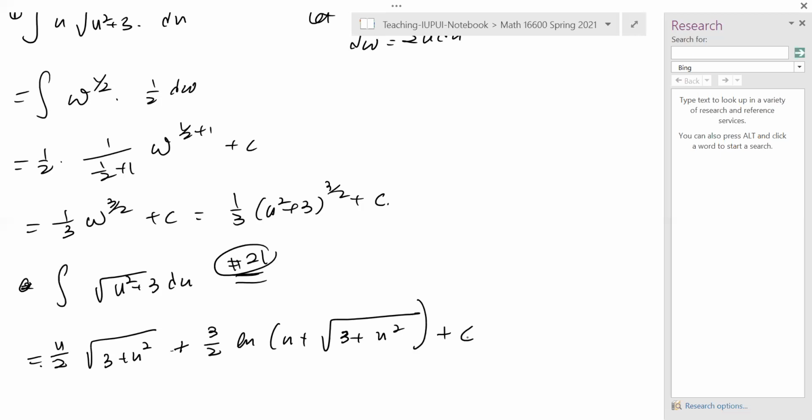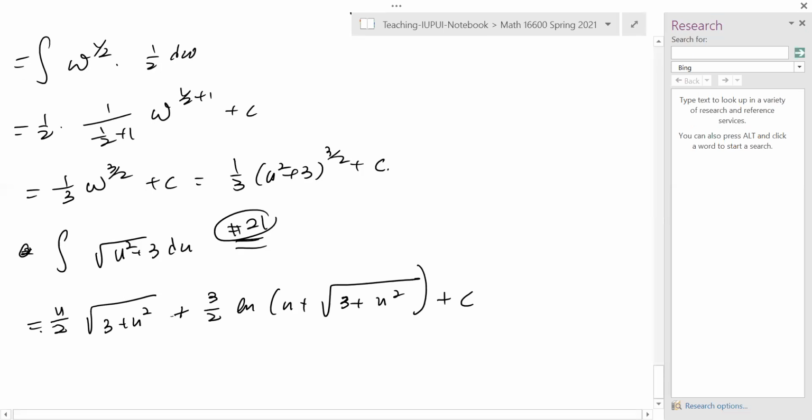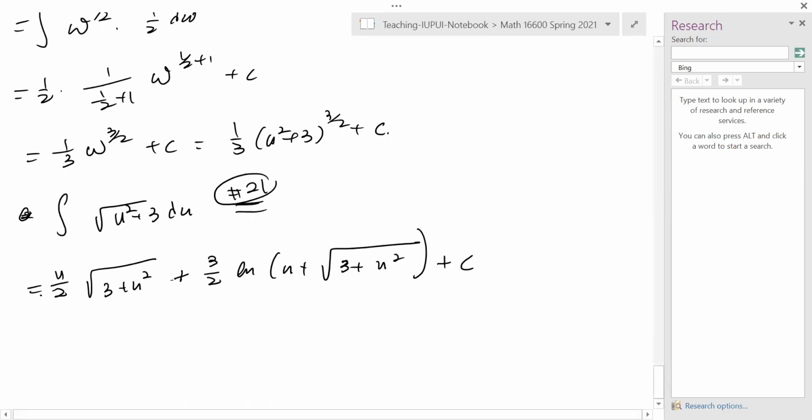Now, if you try to evaluate this integral without using the table of integrals, how do you do that? There are a couple of ways you can think about it. One is to use a substitution. Another is using integration by parts.